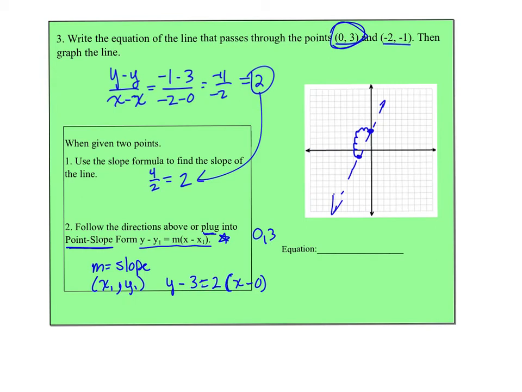Okay, so now it's a little bit of algebra. You distribute this. So y minus 3 equals 2x, and then 2 times 0 is nothing, so I just leave it. Then I add 3. So my answer will be y equals 2x plus 3.